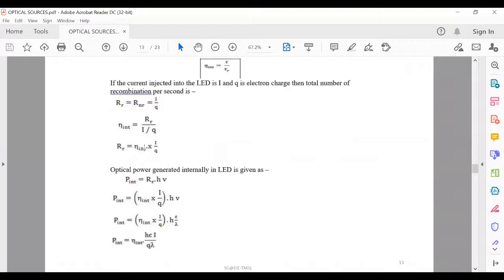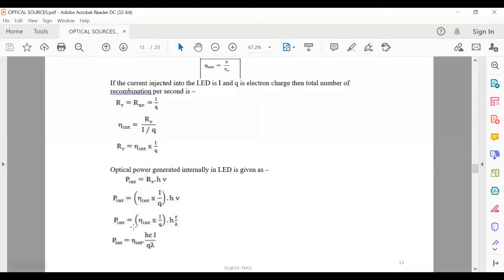So the optical power generated internally in the LED, the internal power P int, is equivalent to R h nu, and from this equation it is calculated as P int equals eta int h c I by q lambda.